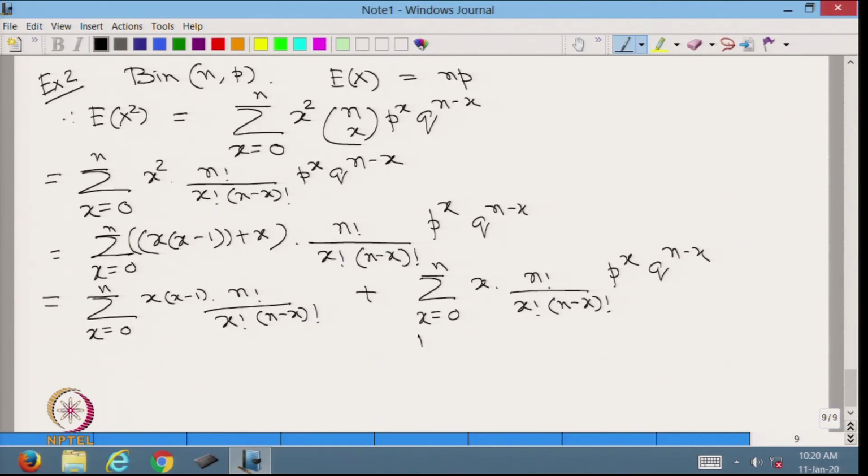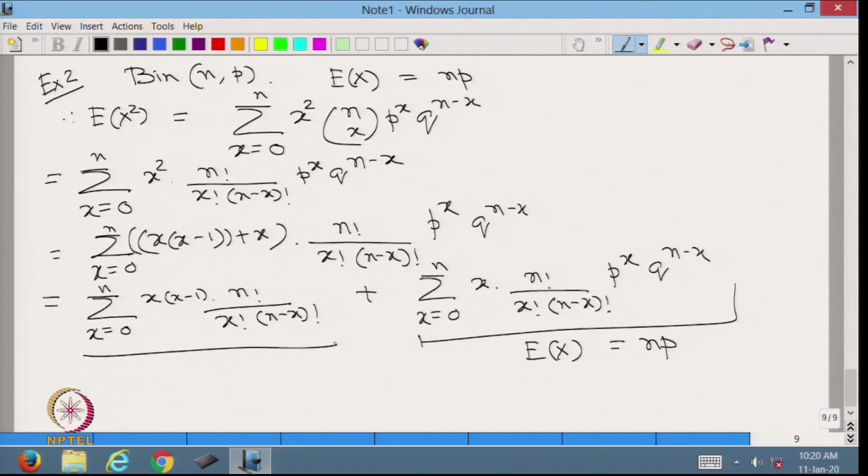This part, we know, is the expected value of x, which is equal to n p. So, we need to calculate this part.